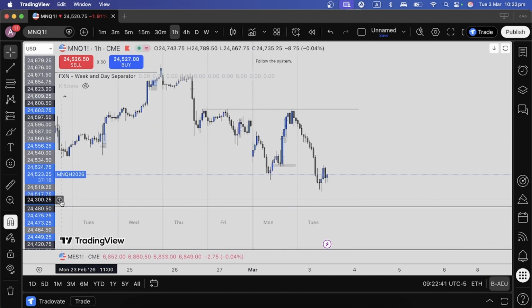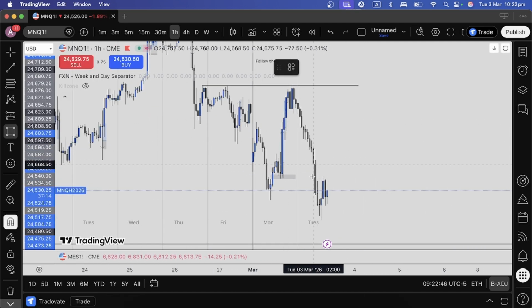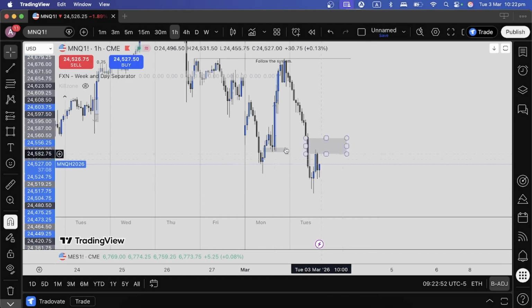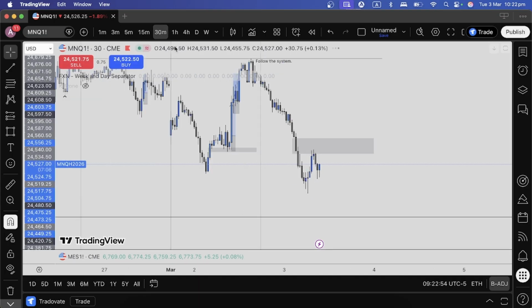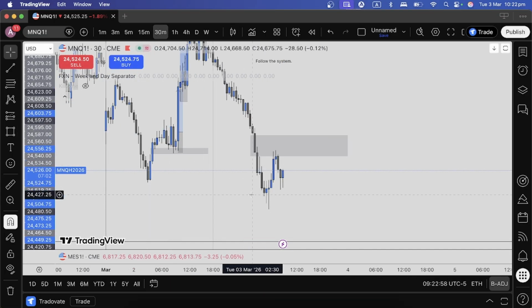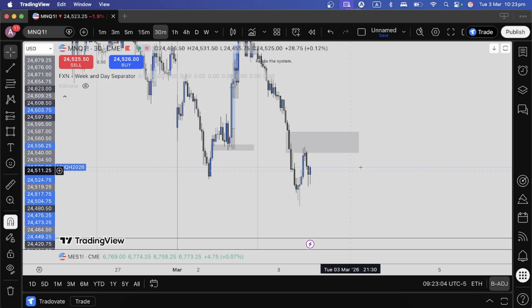In terms of the PD array, there is already an H1 here. So in order for me to get short, I just need to see continuation down. In order for me to get long, I would need to see a lot of displacement up and then possibly a retrace and then continue up.